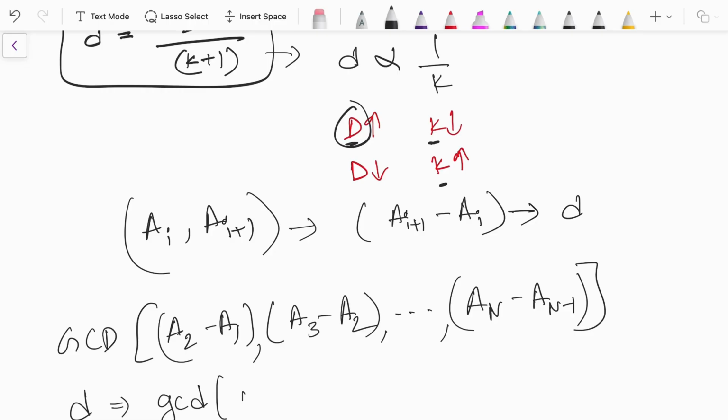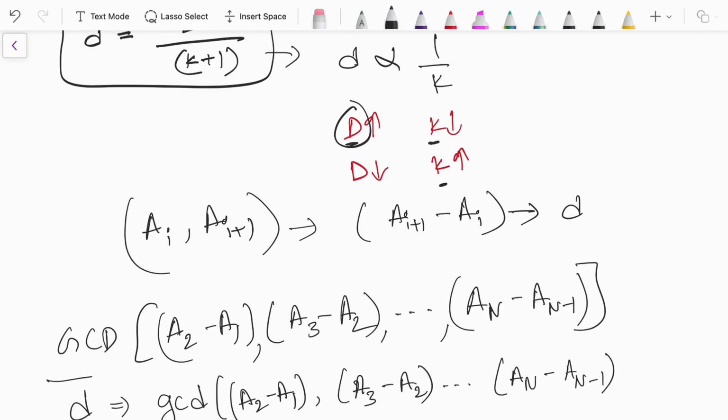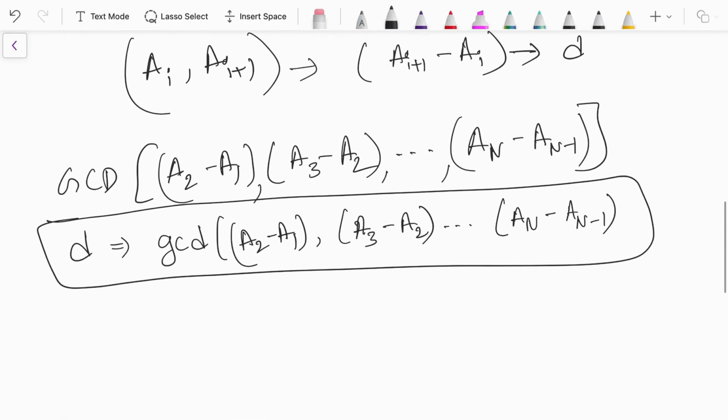D is the GCD of A2 minus A1, A3 minus A2, so on until An minus An minus 1. This will give us the optimal common difference that we need. And now we are again stuck with another problem, that is we don't know how many elements we need to insert between each pair of elements.